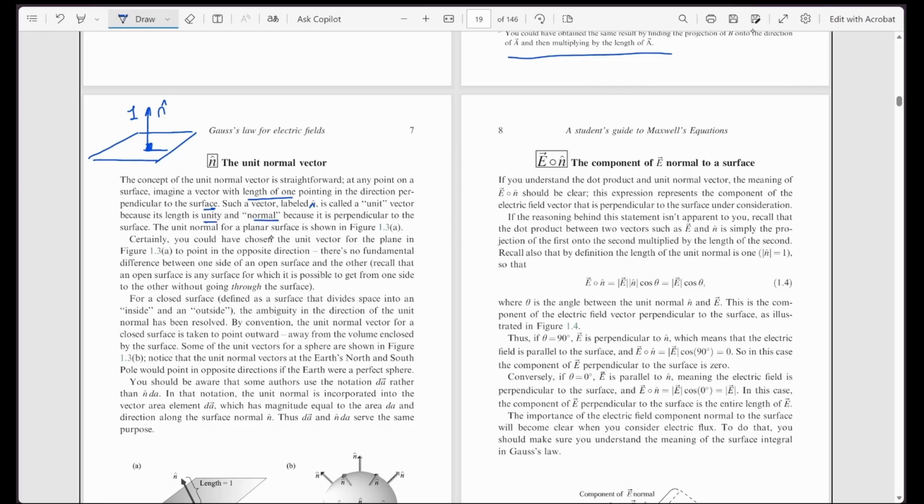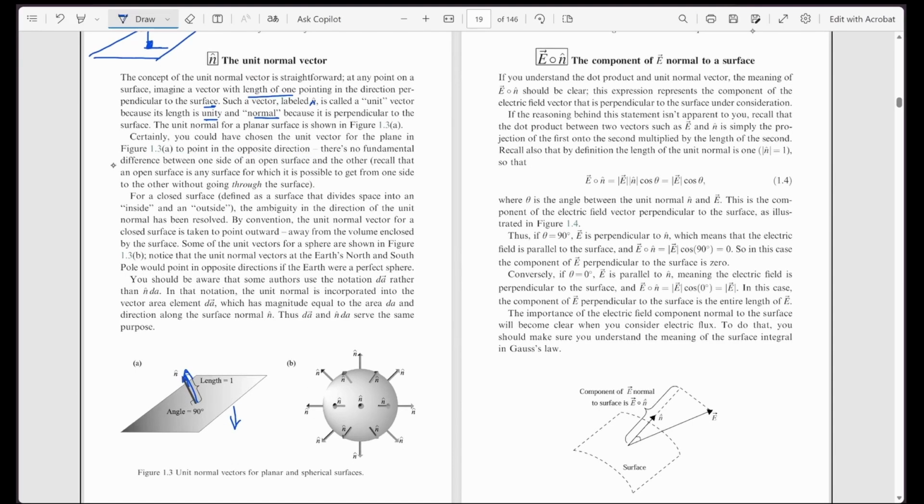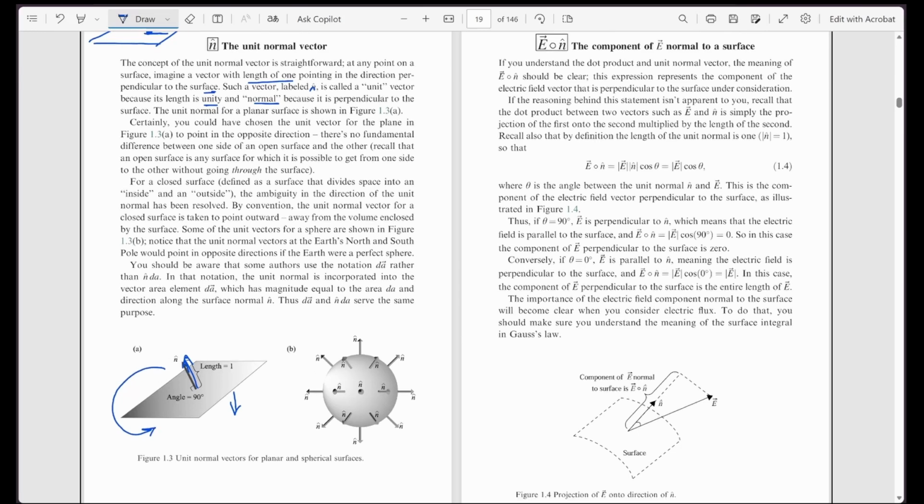The unit normal for a planar surface is shown in figure 1.3a. So is the normal vector pointing in this way or the other way? Here it says we could have chosen it to be in the opposite direction. There is no fundamental difference between one side of an open surface and the other, and it's telling us the definition of an open surface. It's just saying that we could go from one side to the other side without crossing the surface, without going through the surface.